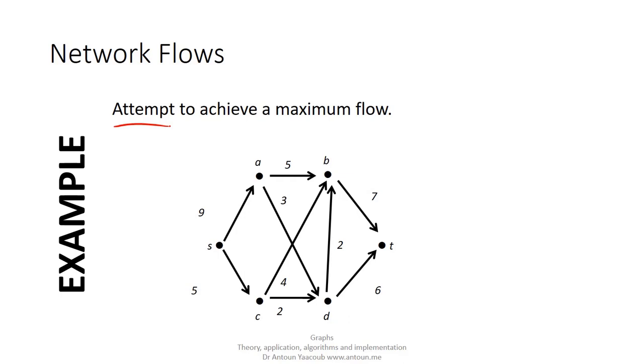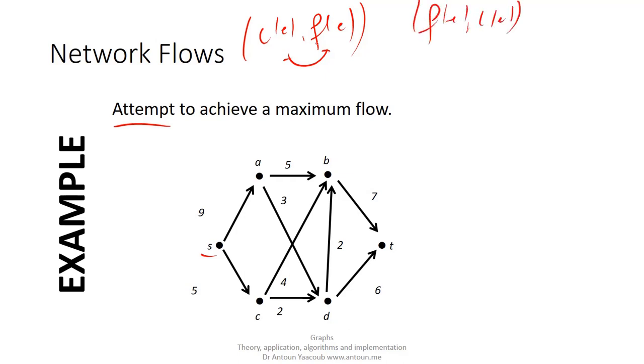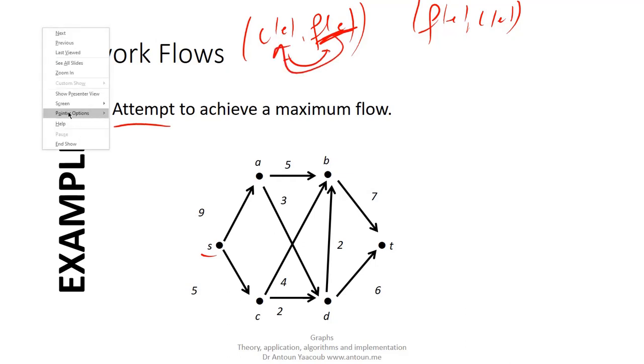We label them c(e), f(e). In some other books or in practice, you will see them inverted, for example f(e), c(e). It is obvious that f(e), the value of the flow, is always less than or equal to the capacity.